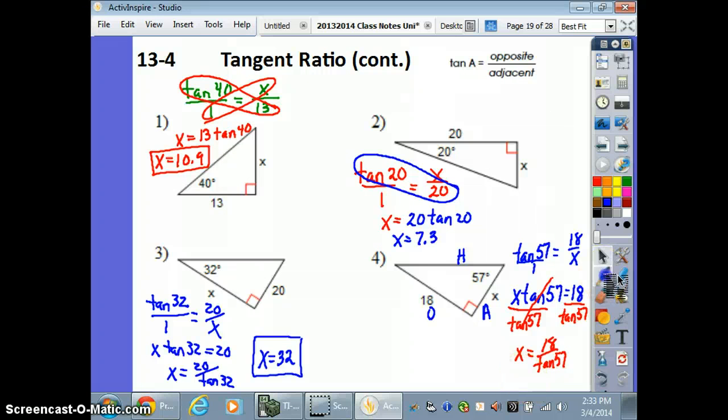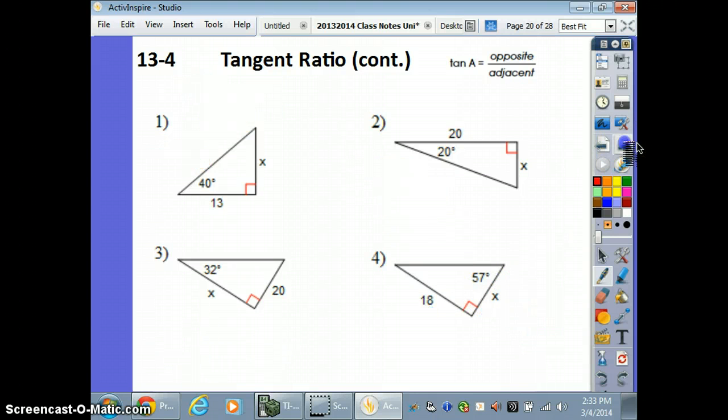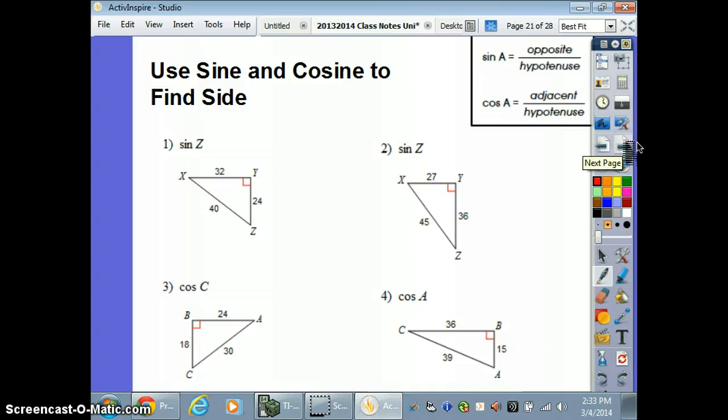X equals 11.7. Let's see if that makes sense. If that's 18, yeah, that's 11.7. Okay, good. All right, let's go to sine and cosine.